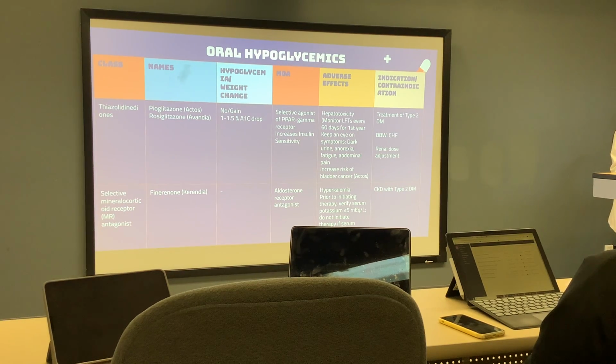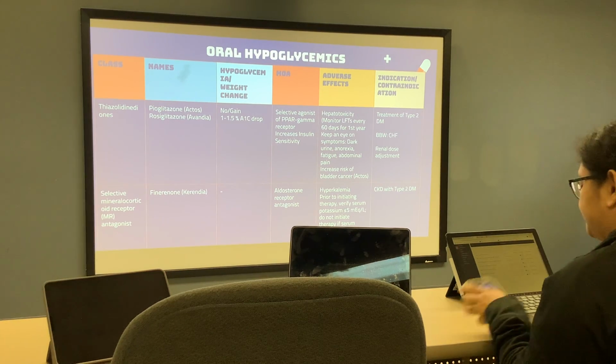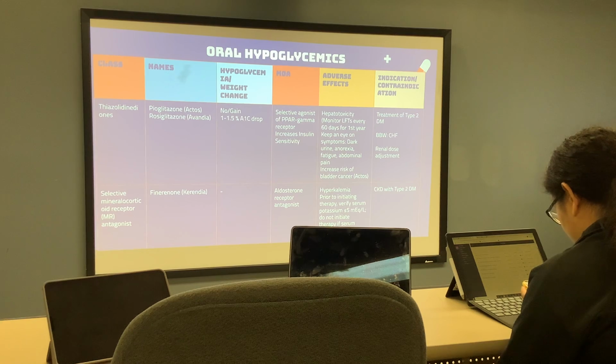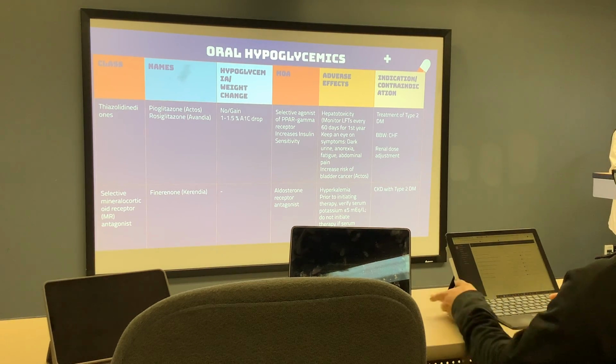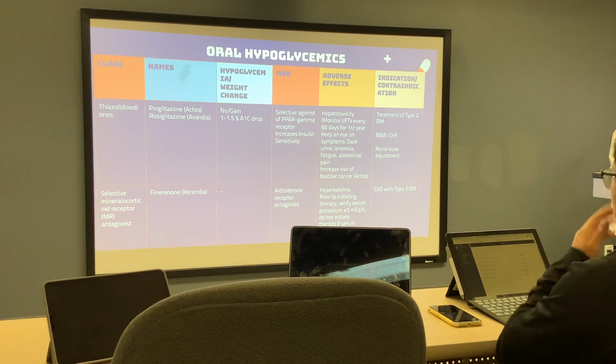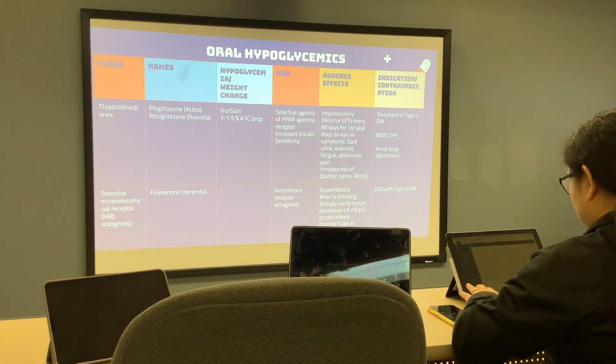Next is thiazolidinedione. It includes pioglitazone and rosiglitazone. These class medications do not cause hypoglycemia, but they cause weight gain. The mechanism of action is selective agonist for the PPAR-gamma receptor, and that way it increases insulin sensitivity. Adverse effects include hepatotoxicity, so monitor LFTs every 60 days for the first year and keep an eye on the symptoms of hepatotoxicity.